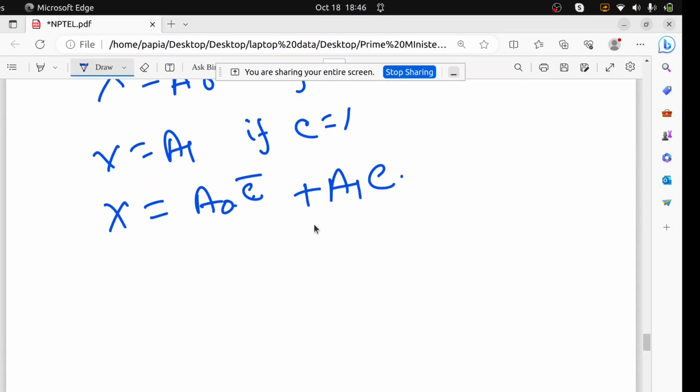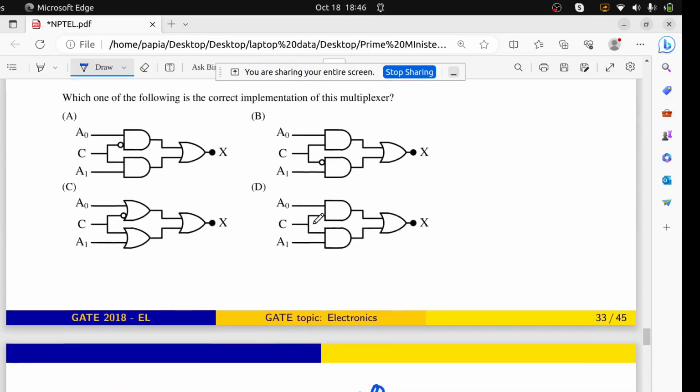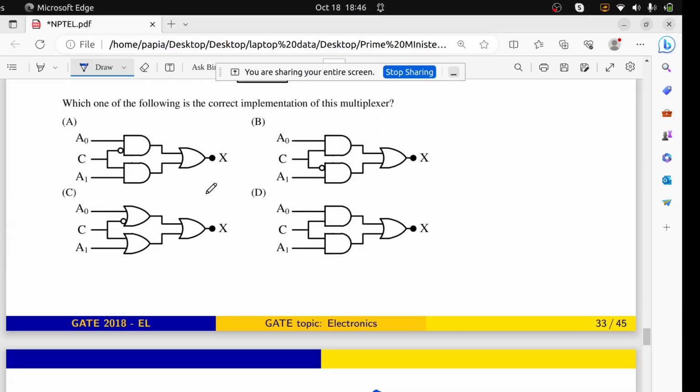Good. Now we have made one expression of X: A0 C bar plus A1 C. Now come to the Boolean logic gates here. Our X is A0 C bar plus A1 C. Let me take any one of the options. Let me take this one first. A0 is there, C bar is coming here, and this is an AND gate, so A0 C bar.